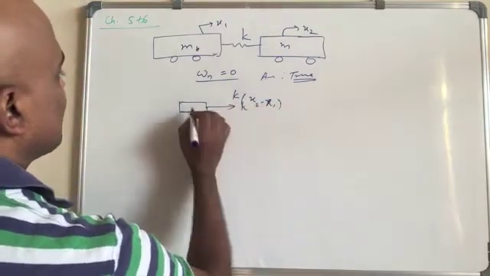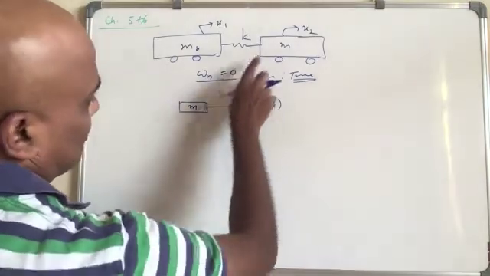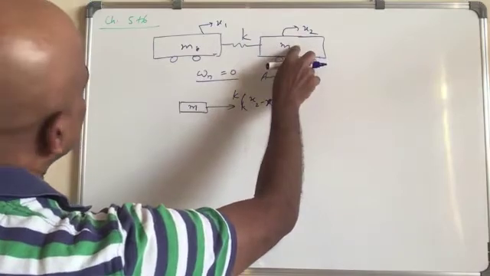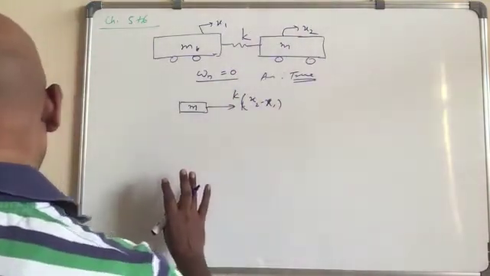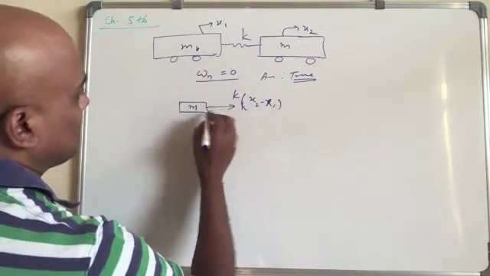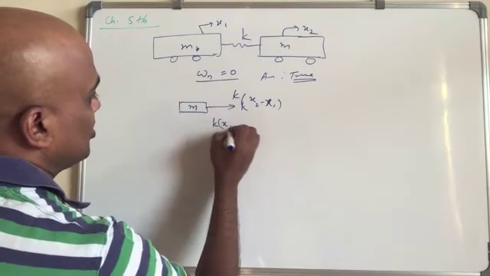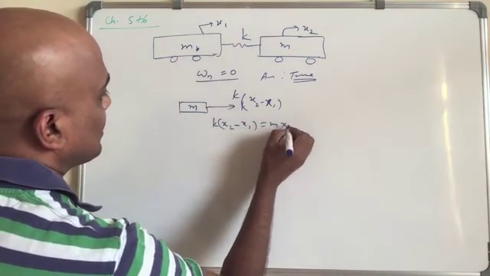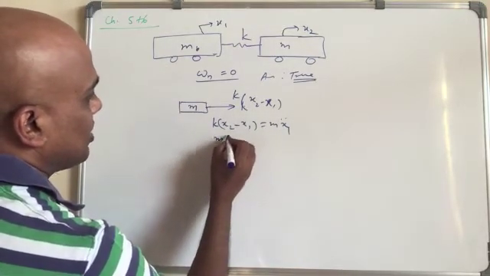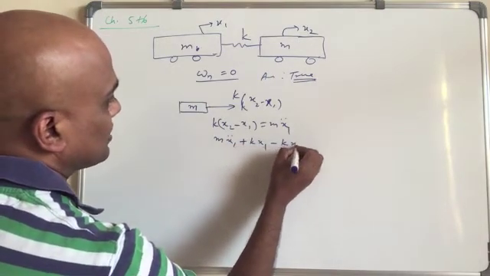Even if the masses are different, it doesn't matter, you can still do it, but in this case both are the same. So the equation is simply k times x2 minus x1 equal to m x1 double dot. Hence you get m x1 double dot plus k x1 minus k x2 equal to 0.